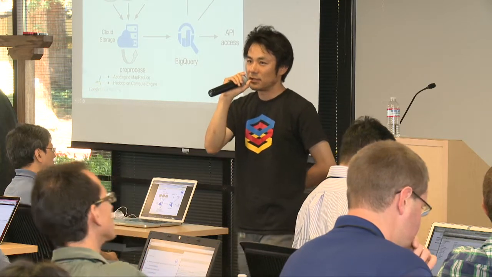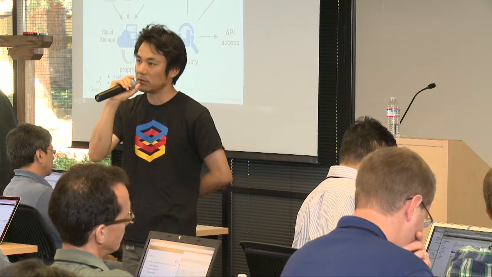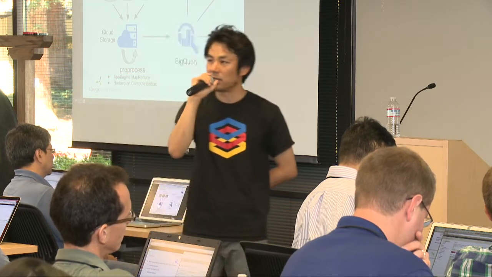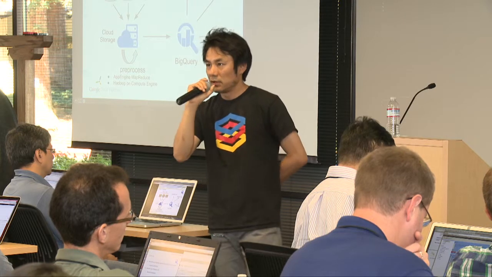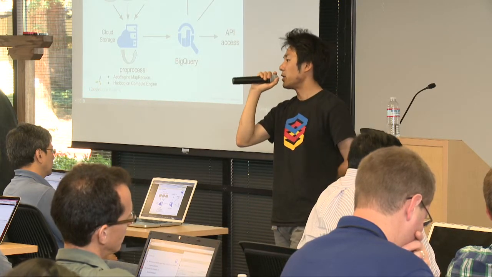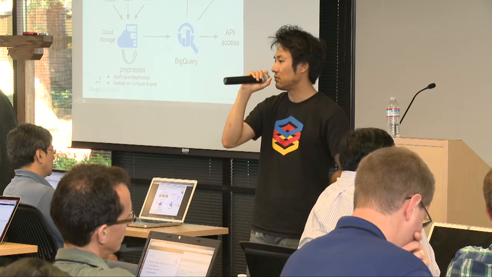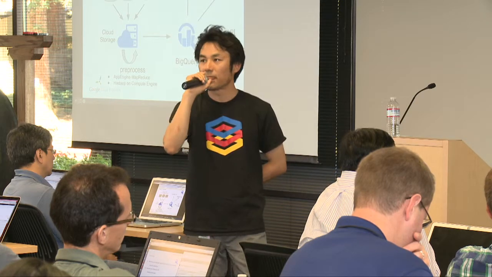So here is one typical use case of BigQuery, or the whole view of the data pipeline. On the left top corner is the original data. Original data may come from several servers. It may come from your POS system, or it may come from your sensors.